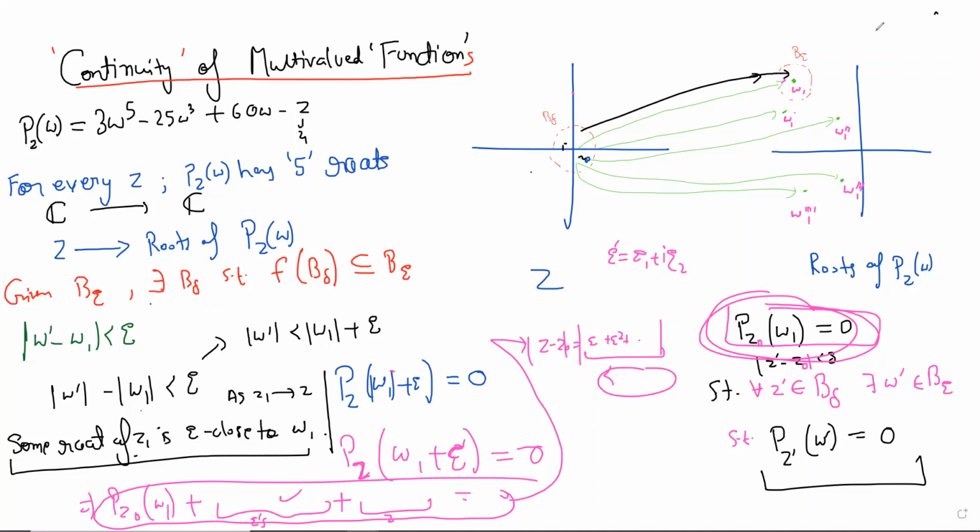Theory of factorizations can be used. If you use your intuition, you will feel that this delta should be epsilon to the power 5, or there'll be a relation with the degree.